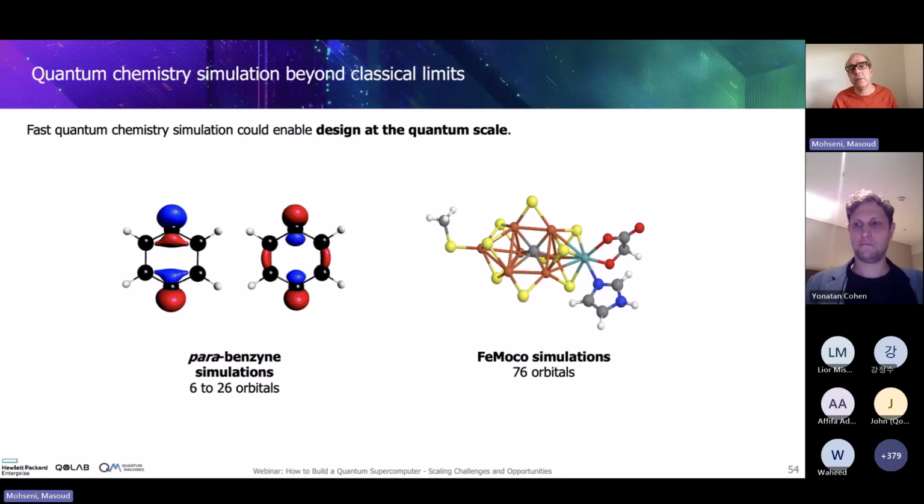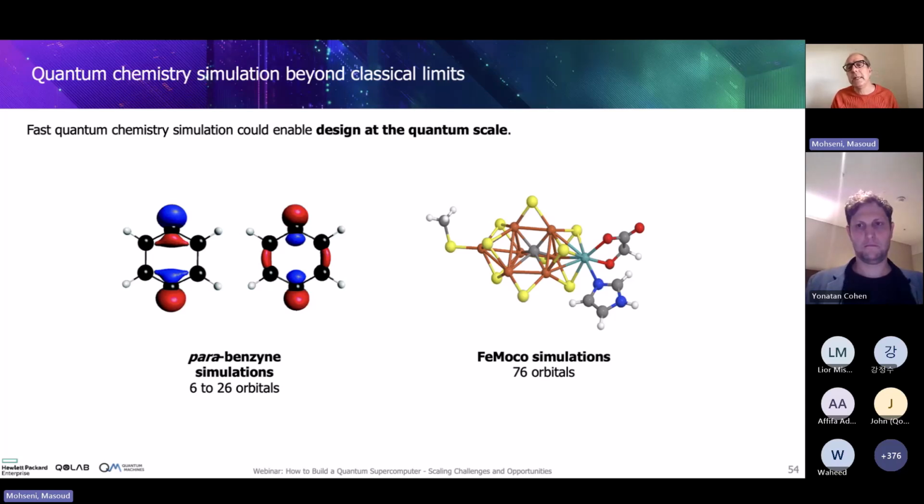So we looked at two molecules. One is parabenzyne, which is a fairly small molecule. It's still classically simulatable, but it's a good start. We looked at from 6 up to 26 orbitals in the active space. We also looked at FeMoco. This is a much bigger molecule with an active space of 76 orbitals.